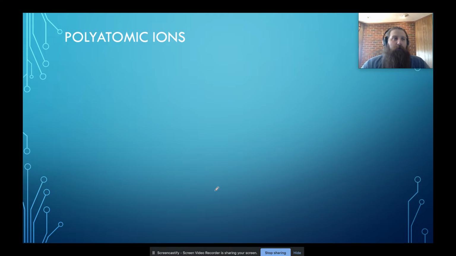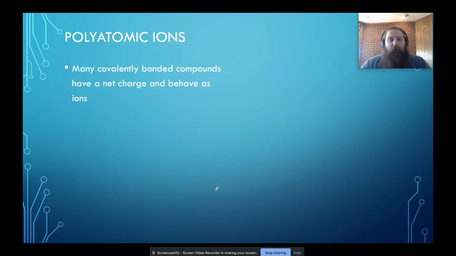All right, so let's look at the word polyatomic ion and break it down. A lot of times when covalently bonded compounds are formed, they can have a net charge. Think about this for a minute. I have, say, SO4. This is sulfate. Sulfate has a -2 charge overall, which means as a molecule, this is what sulfate looks like.